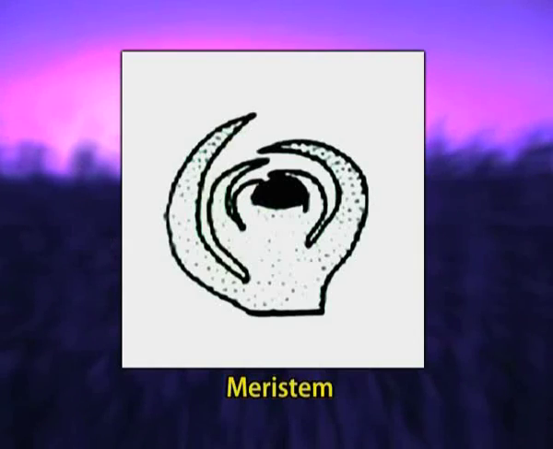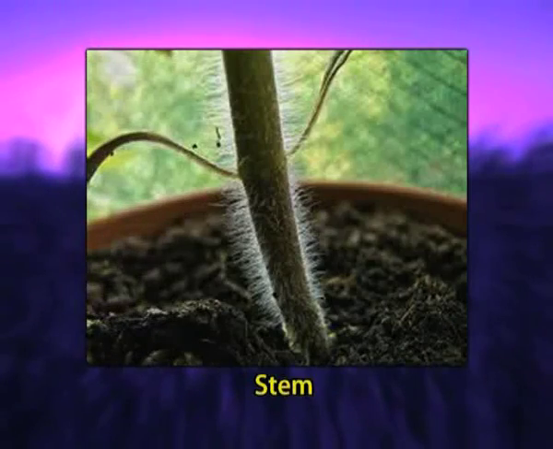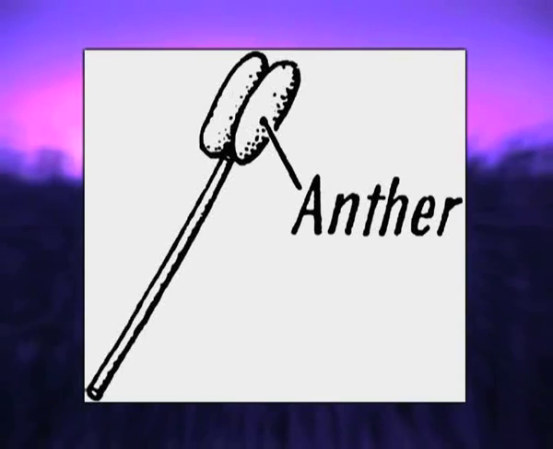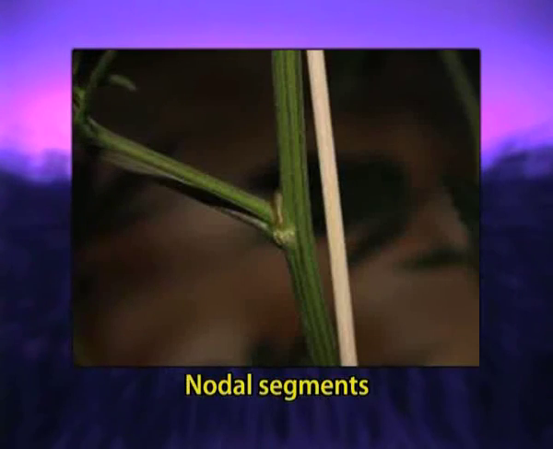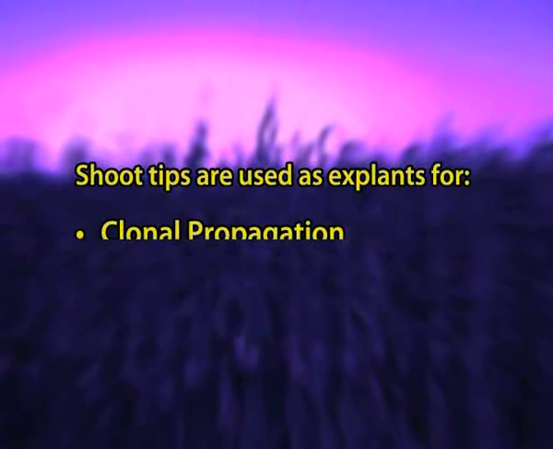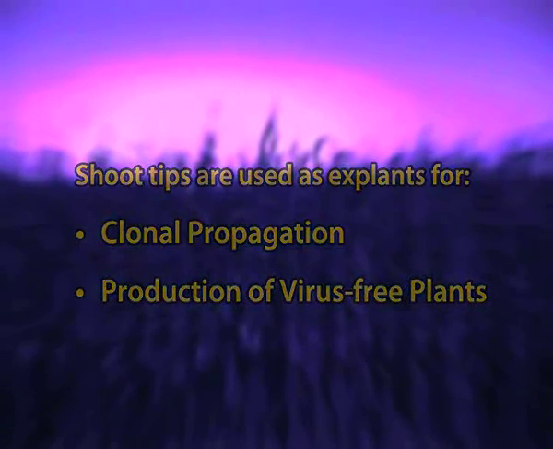Some of the commonly used explants in tissue culture are meristem, leaf, stem, flower, anther, root, nodal segments, etc. Shoot tips are used as explants for clonal propagation and for production of virus-free plants.